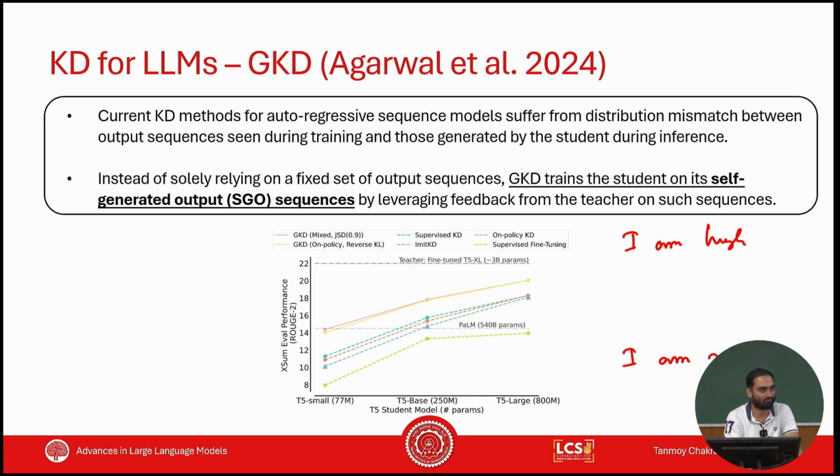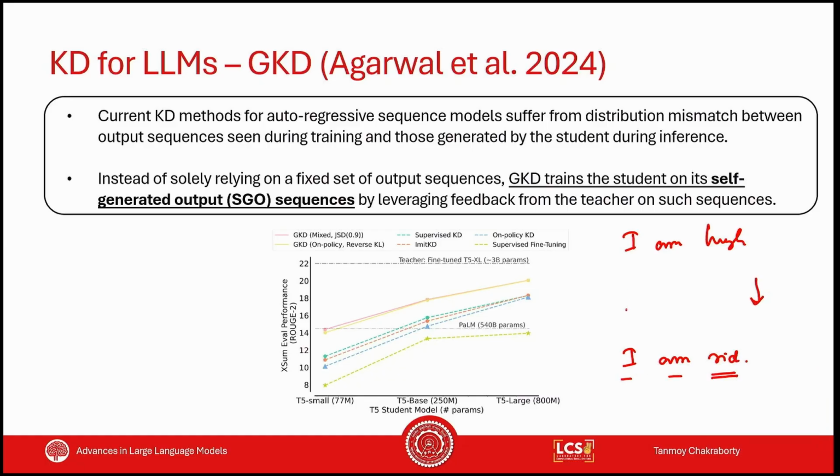Ideally, if the teacher model is good, the probability corresponding to rich should be low, and the probability corresponding to I am should be high, right? But for the student model, this is high, this is also high, this is also high. Therefore, the model generated the sequence, right? Again, we need a beam search. So the beam search problem is still there. So then they said that you minimize these two distributions.